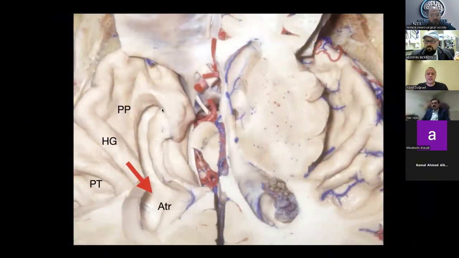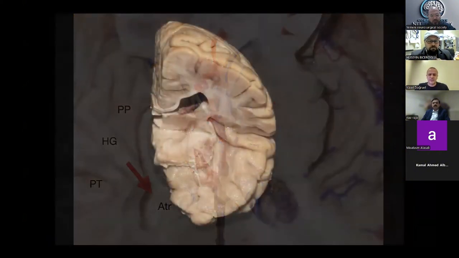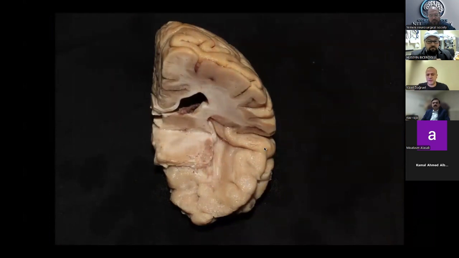One other important thing about the anatomy of this temporal plane is Heschl's gyrus. When we follow its trajectory inside the Sylvian fissure, it guides us to the atrium of the lateral ventricle. This is an anterior view of a cadaveric specimen.